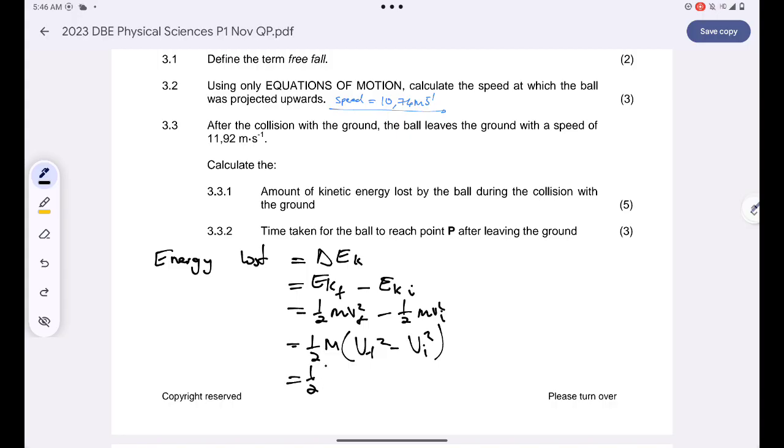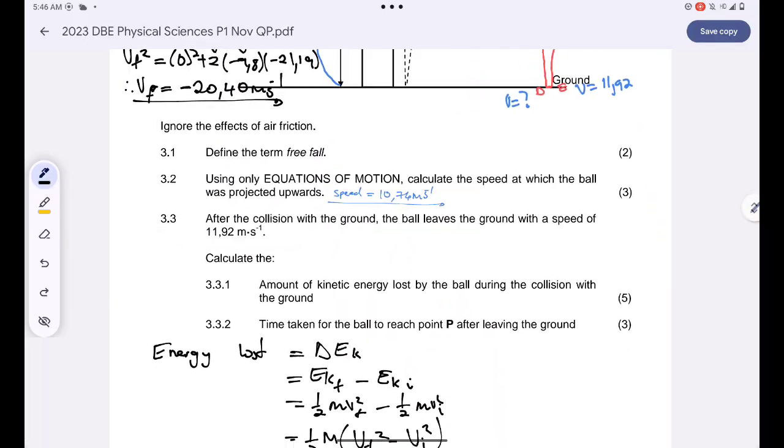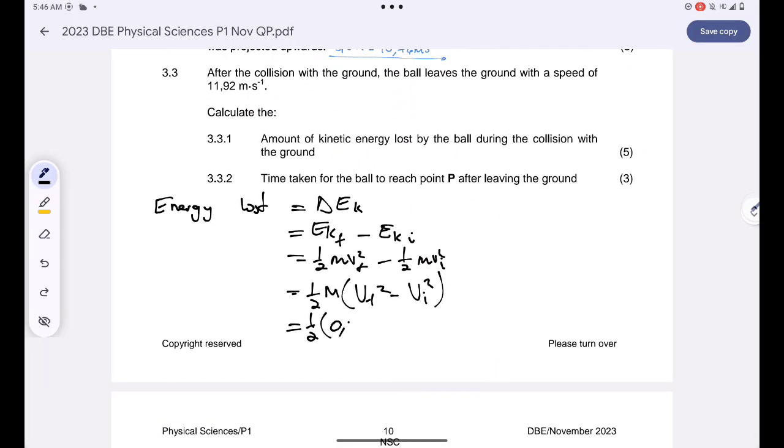I have 1 over 2, the mass of the ball is 0.5 kg, and then the final velocity was 11.92. The initial velocity was negative 20.40.